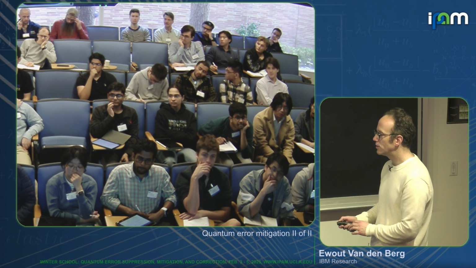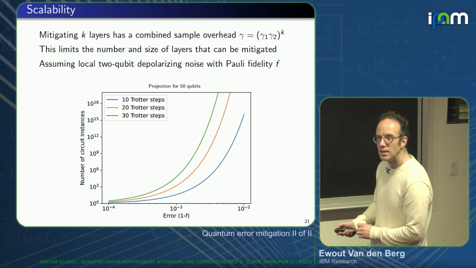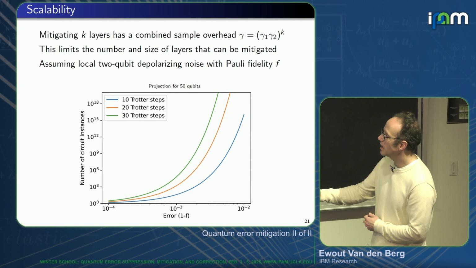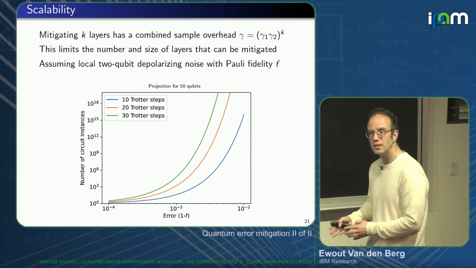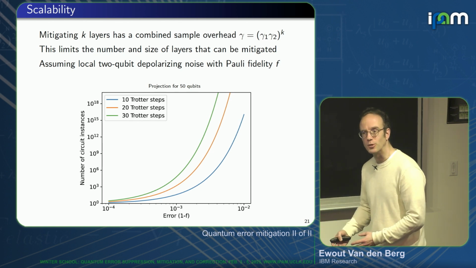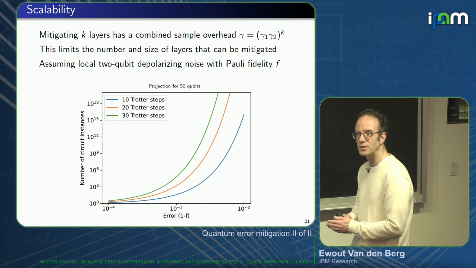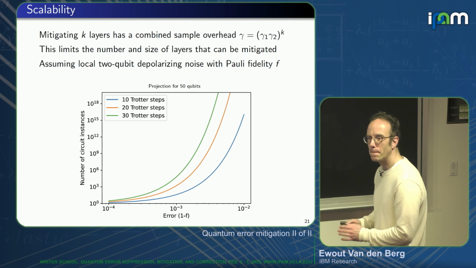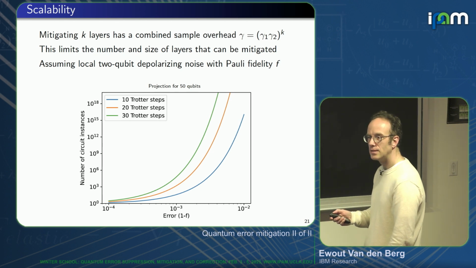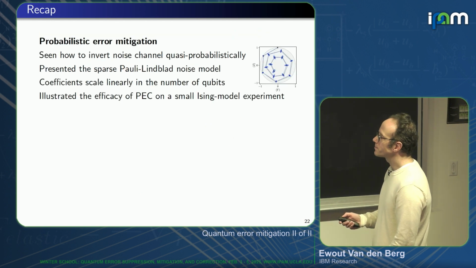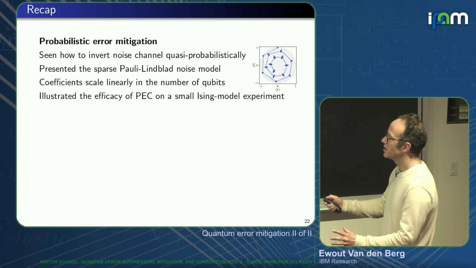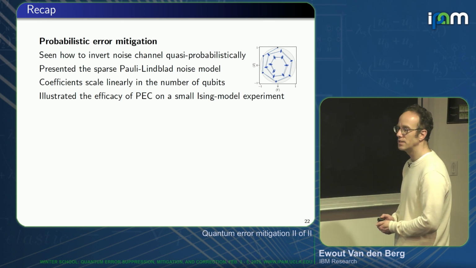If the gate quality improves, then this scaling factor becomes much smaller. So there's less to invert, and that's why the shot overhead goes down. Okay, so that's just how PEC works in this case.